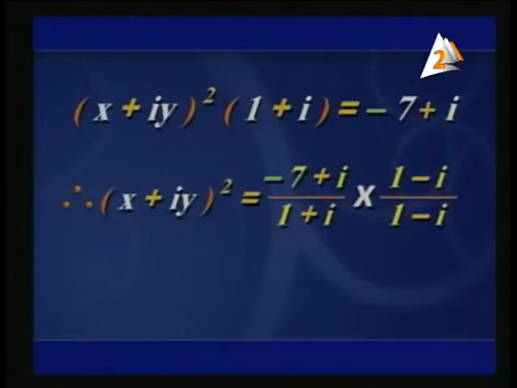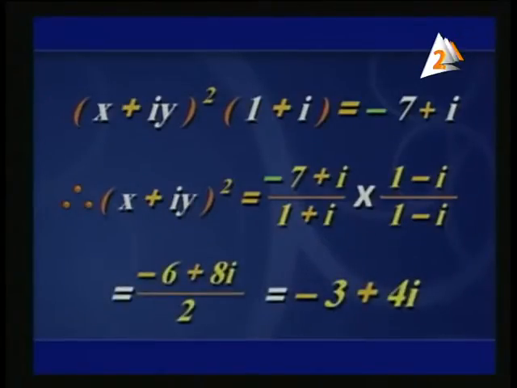Therefore, (x plus iy) squared equals (negative 7 plus i) over (1 plus i) times its conjugate, (1 minus i) over (1 minus i), equals (negative 6 plus 8i) over 2 equals negative 3 plus 4i.